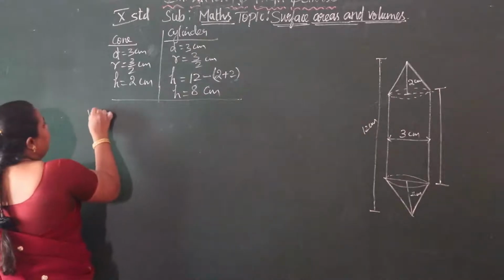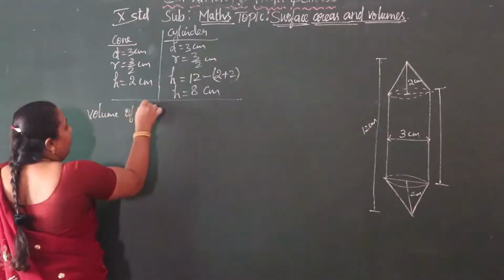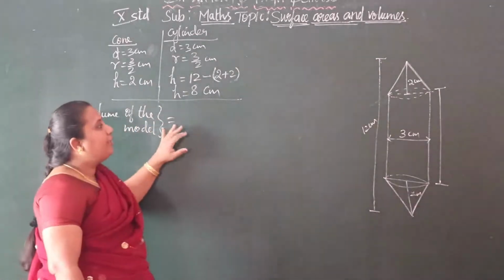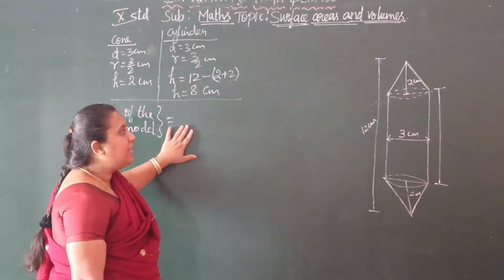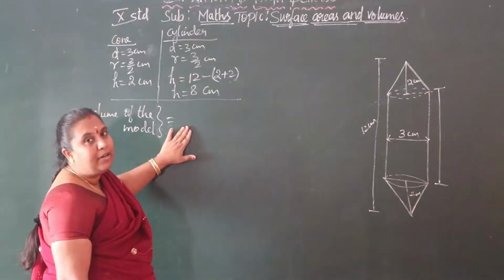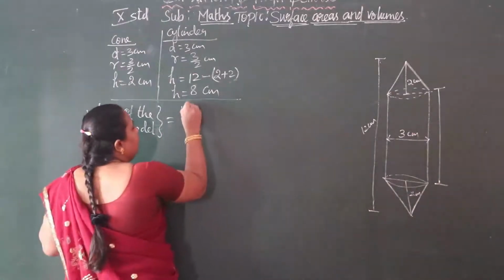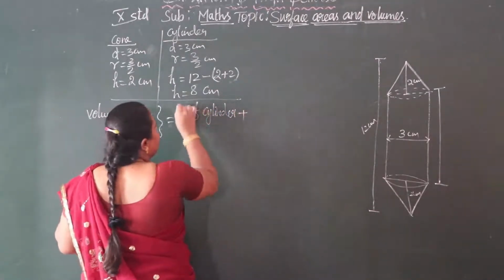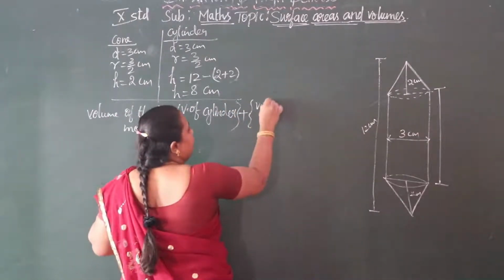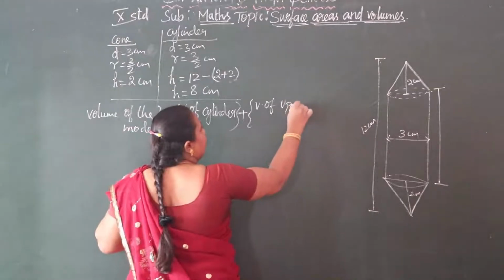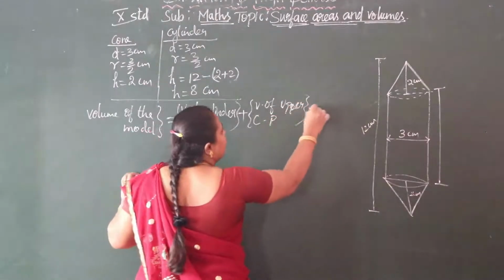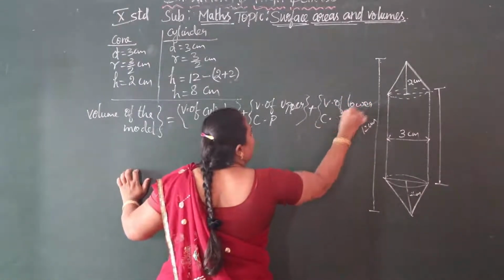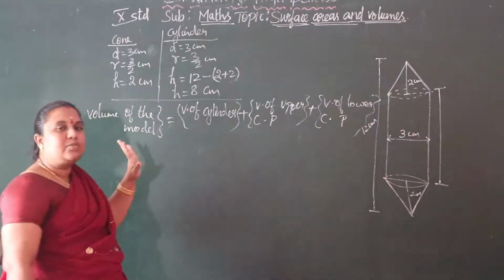The volume of the model equals the volume of the cylinder plus the volume of the upper conical part plus the volume of the lower conical part.